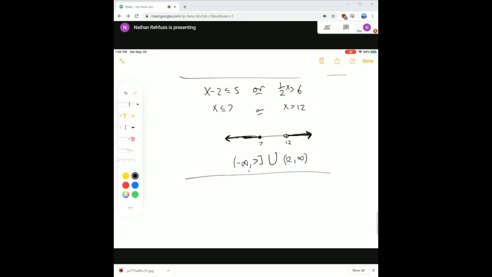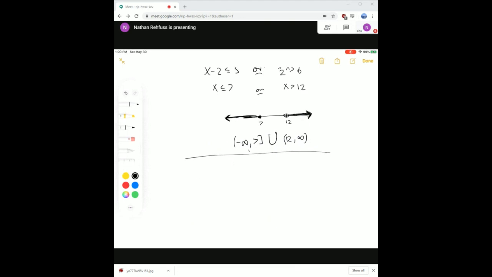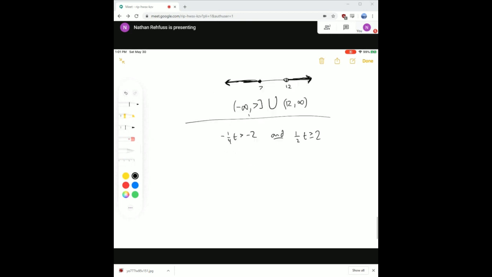Let's do and now. Maybe my situation is negative 1/4 of t has to be strictly bigger than negative 2. And also, positive 1/2 of t has to be greater than or equal to positive 2. So these are my two conditions, and I need to satisfy these both to have a working system.